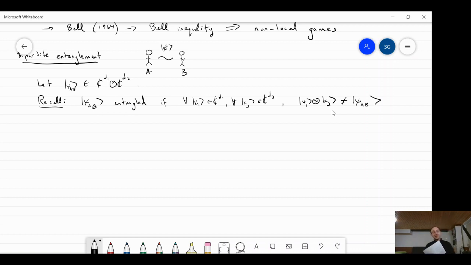So basically there's no way to factorize your state in terms of two individual states on each of the component systems.